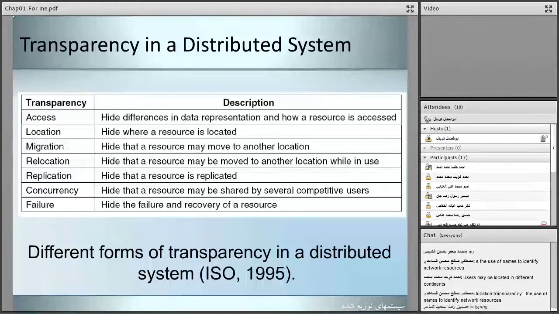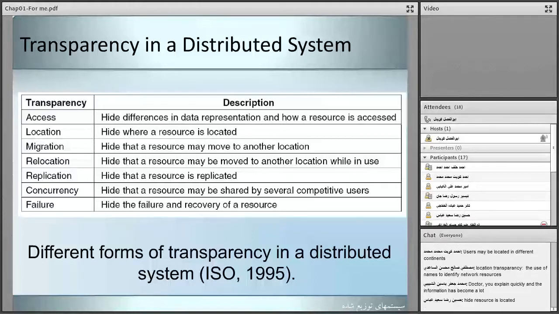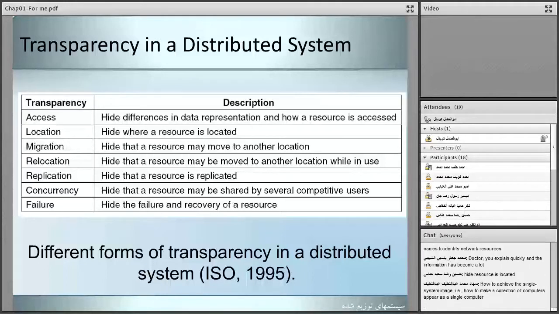If you look at the table and read the description, yes, hide resource. Just look at the description. Location transparency: hide where a resource is located.